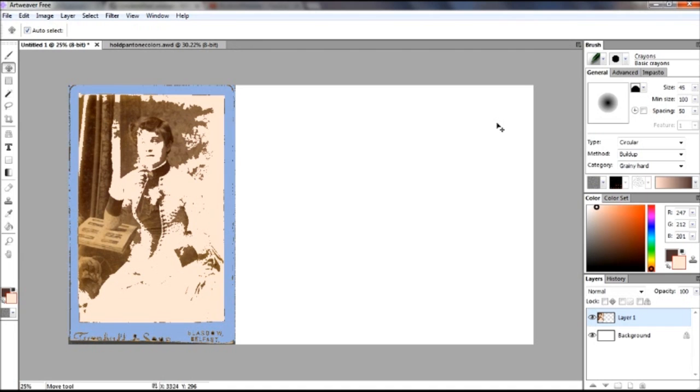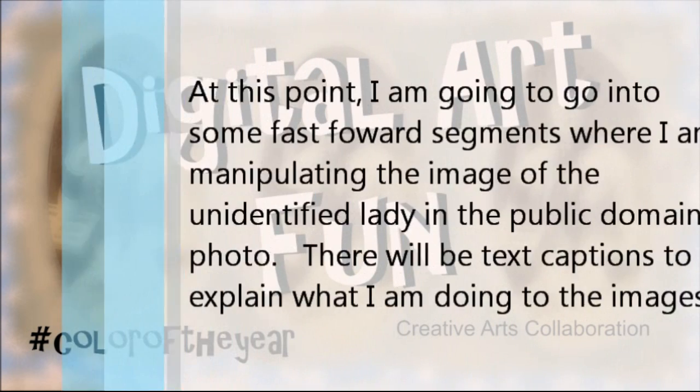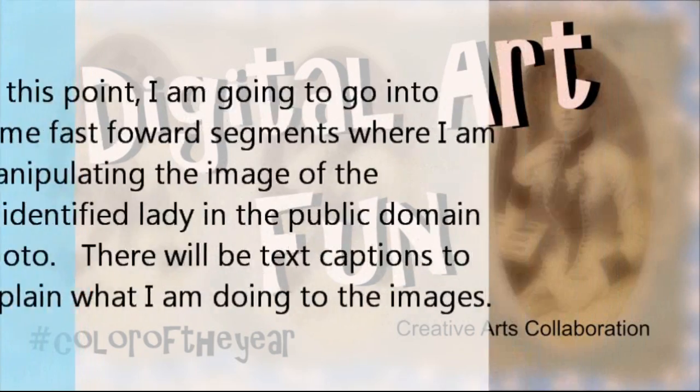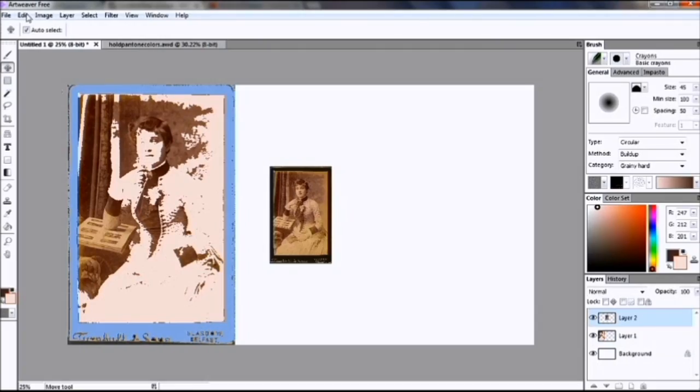And I'm just showing you some of the things that you can do digitally. At this point, I'm going to go into some fast-forward segments where I am manipulating the image of the unidentified lady in the public domain photo. There will be text captions to explain what I am doing to the images.